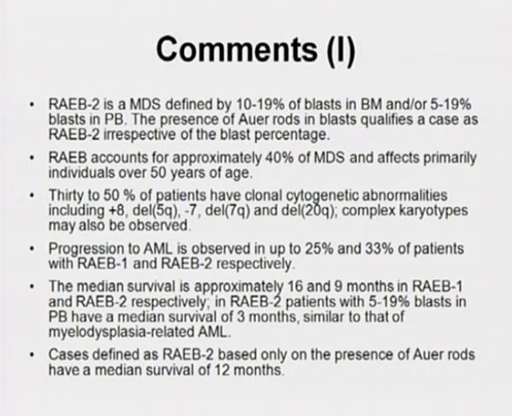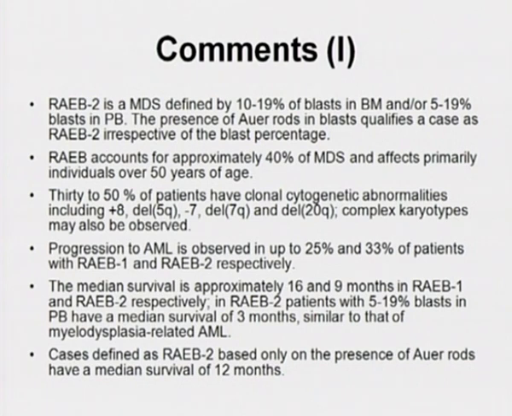leukemias. And as a final comment, we point out that RAEB2 is defined by this percentage of blasts, 10 to 19 in bone marrow and 5 to 19 in peripheral blood. The presence of Auer rods in blasts qualifies a case as RAEB2 irrespective of the blast percentage. We said this in the speech.